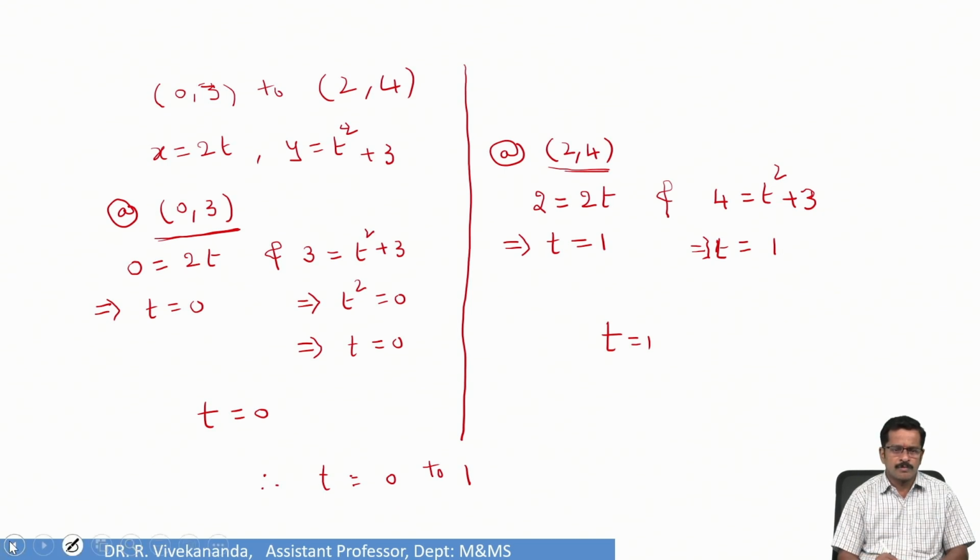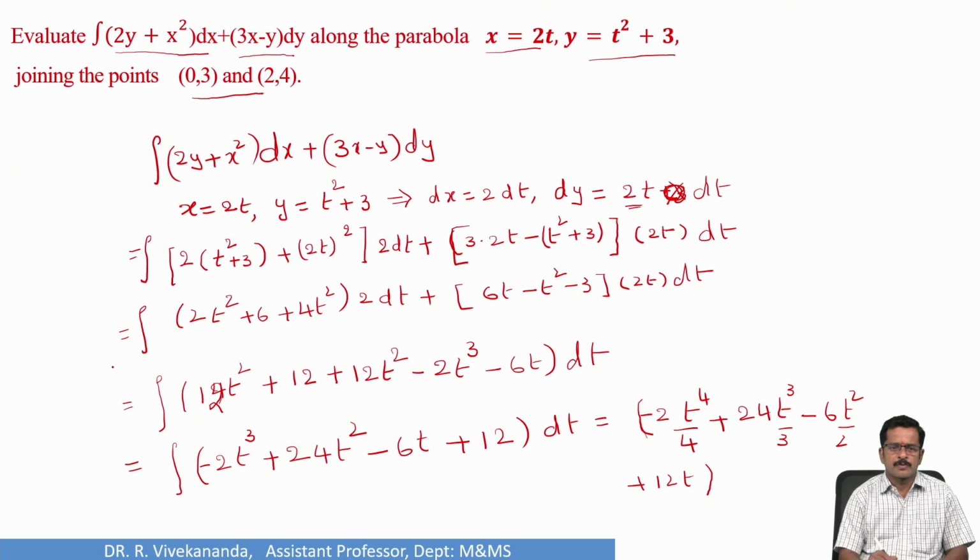So now go to the previous slide. There you substitute t values as 0 to 1. Okay, so now I will write that in the next slide.